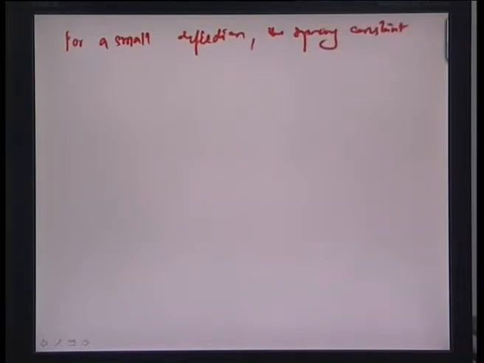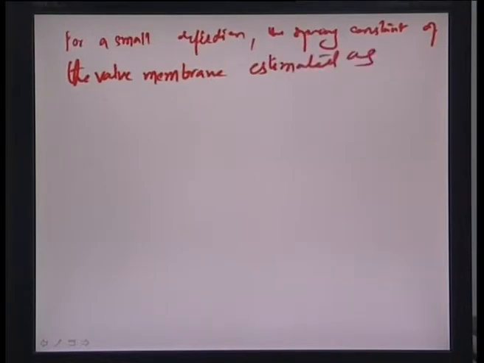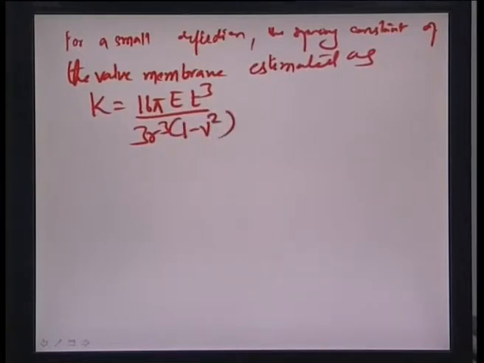For a small deflection, the spring constant of the valve membrane can be estimated as K equal to 16 pi E t cubed divided by 3 R squared times (1 minus nu squared).